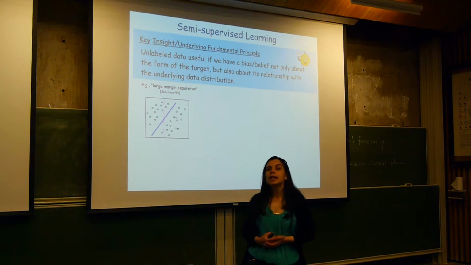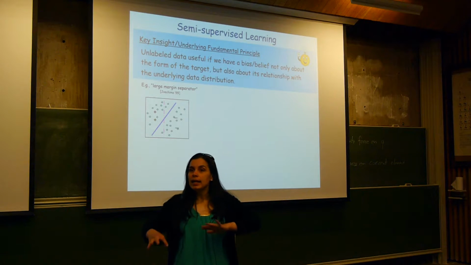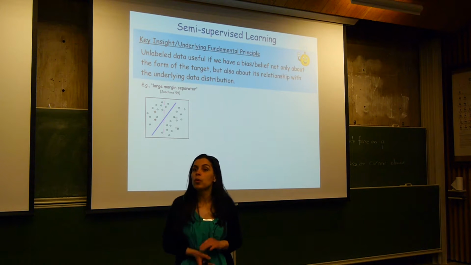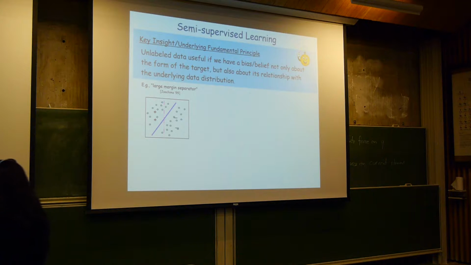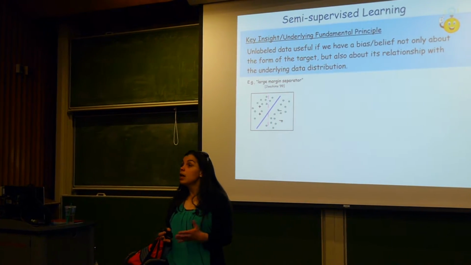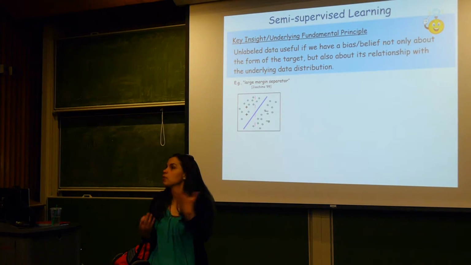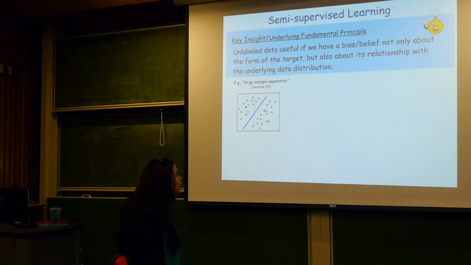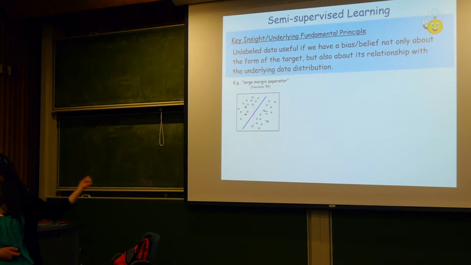And what we do is find a classifier that gets the labeled data right, or almost right, and tries to maximize the margin over both labeled and unlabeled points. That's transductive SVM, or semi-supervised SVM, and it's based on the assumption that the target function does not cut through high-density regions of the space. In other words, it has a large margin. That's the belief that makes unlabeled data informative.